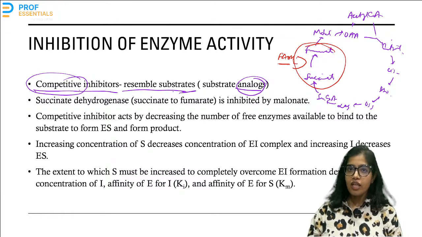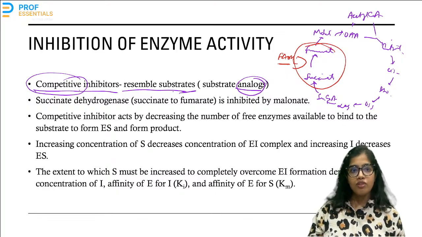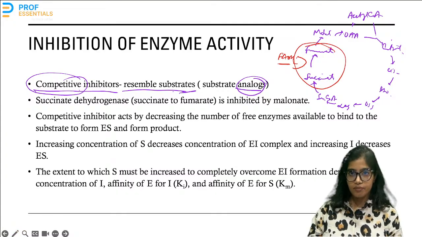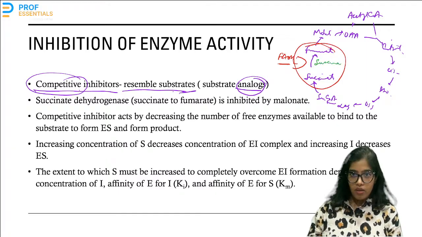This FADH2 is produced here from a conversion of succinate to fumarate, and the enzyme involved here is succinate dehydrogenase. Now what is the substrate for this enzyme? The substrate is succinate, the product is fumarate.